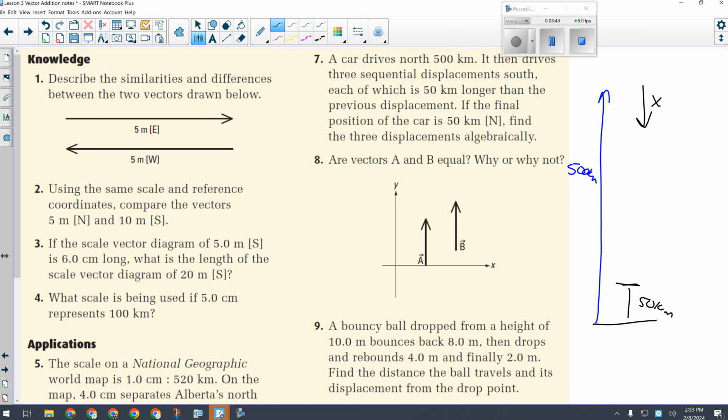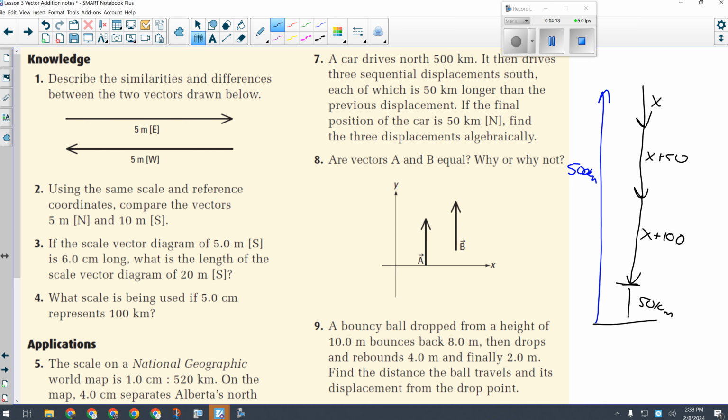How long is the next one? x plus 50. And this one is x plus what? 100. If each one is sequentially 50 kilometers longer than the one before, those are the lengths of the 3 vectors.